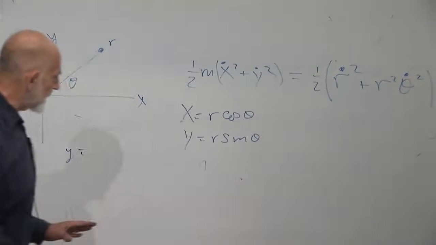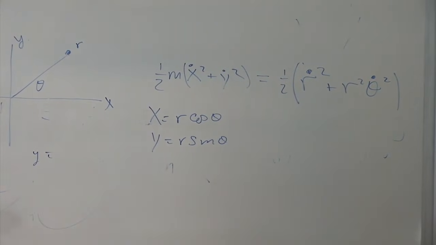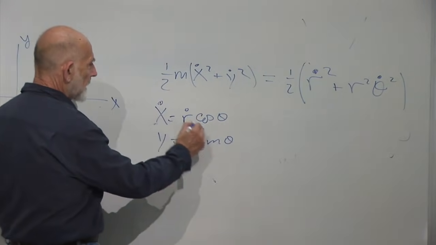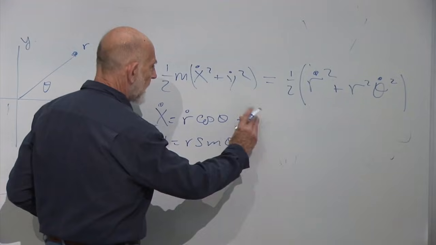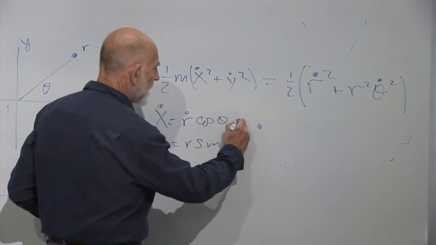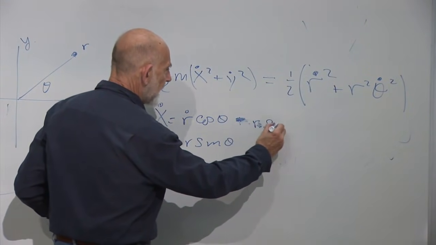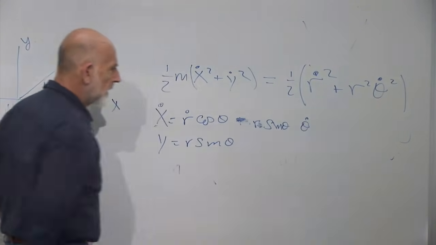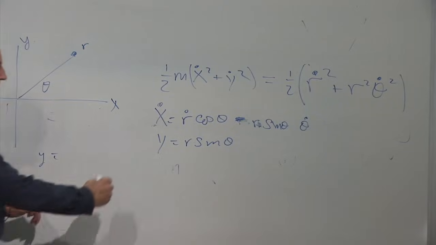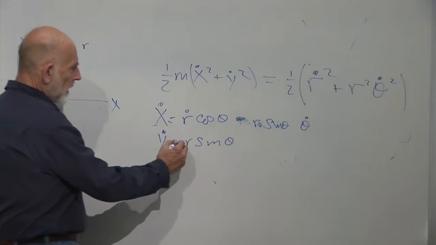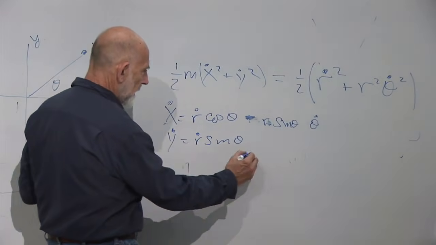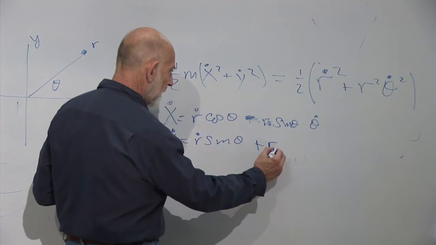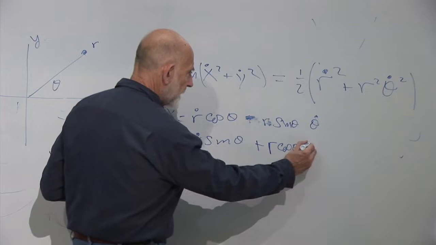Now, as I said, you get this simply by differentiating x with respect to time. X dot, for example, will be r dot cosine theta minus r sine theta theta dot. Y dot will be r dot sine theta plus r cosine theta theta dot.